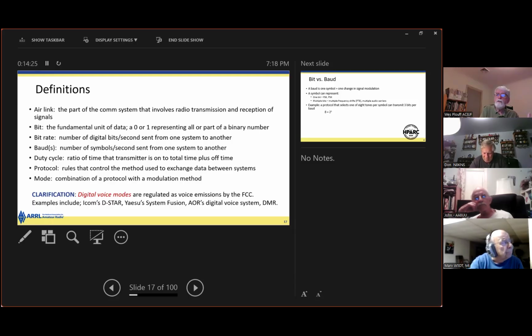So, for instance, this list at the bottom, which are all digital voice modes that you typically find on VHF, are transmitted as digital bits, but they're considered by the FCC to be voice signals because the end result is replicating the voice of the person doing the transmitting. So that's where the definition gets a little bit squiffy of what's digital.